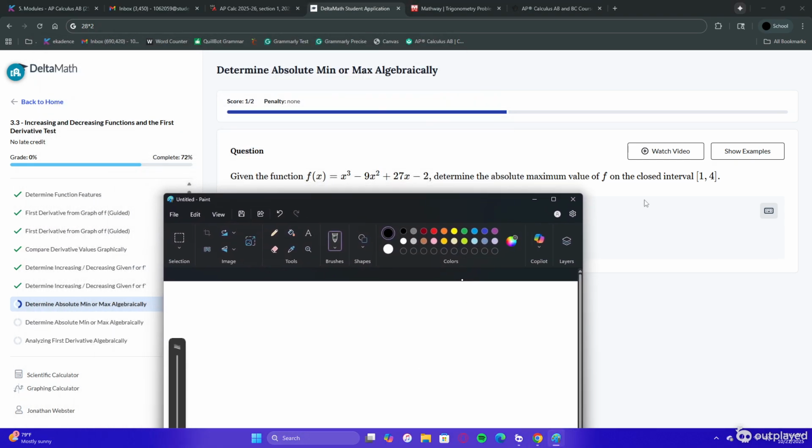Okay, now we have to determine another maximum value, and they give us f of x. So f of x equals x to the third minus 9x squared plus 27x minus 2. Right, so f prime of x would be equal to 3x squared minus 18x plus 27.